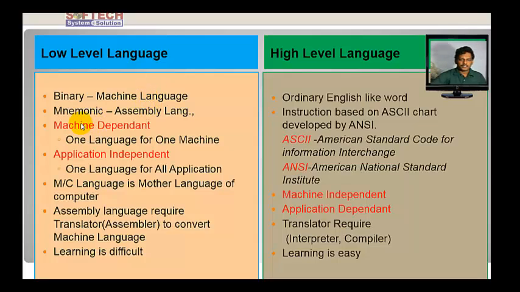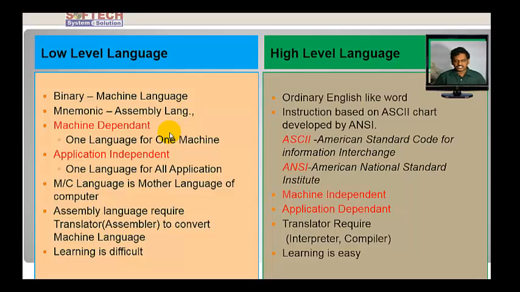But it is machine dependent and application independent. We want to know these two concepts, which are very important for understanding computer languages. What is machine dependent? It is one language for one machine. If a computer has a processor, it has its own language. For example, 8085 is one microprocessor, and it has its own instruction set.